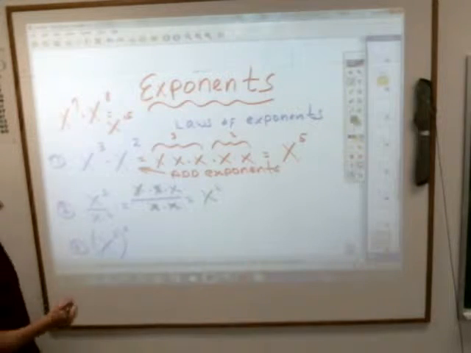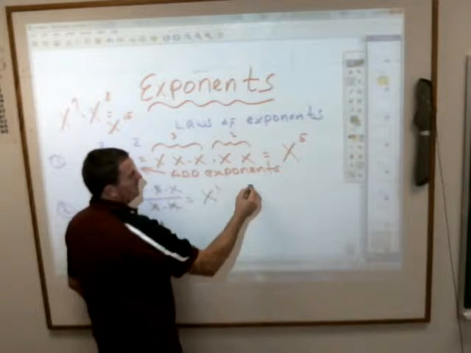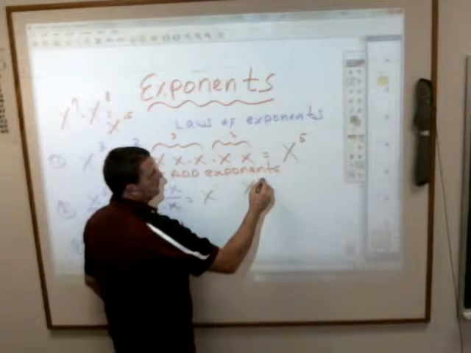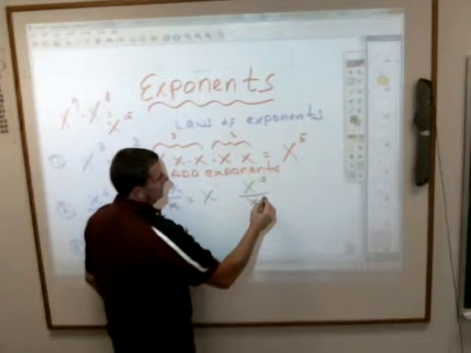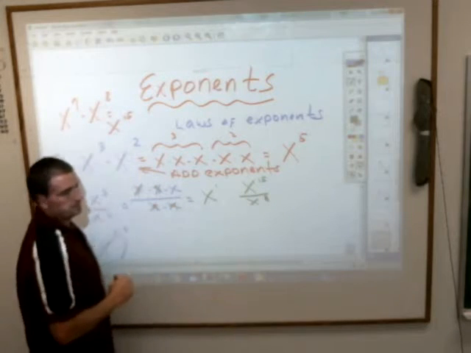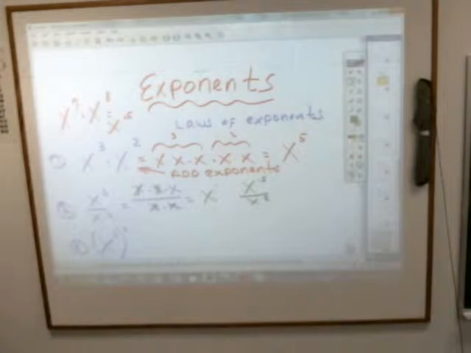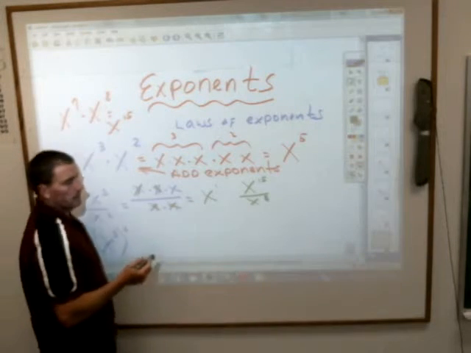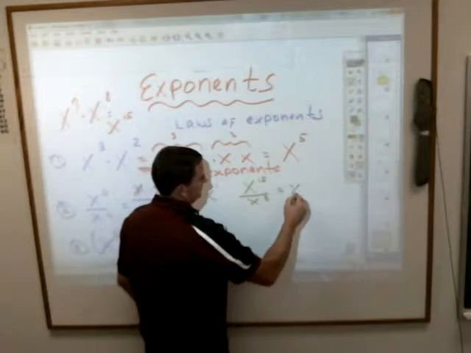Now let's go a step farther, give you another example. If I have x to the 15th power over x to the 8th power, I'm going to end up with, Zach, x to the 7th power.